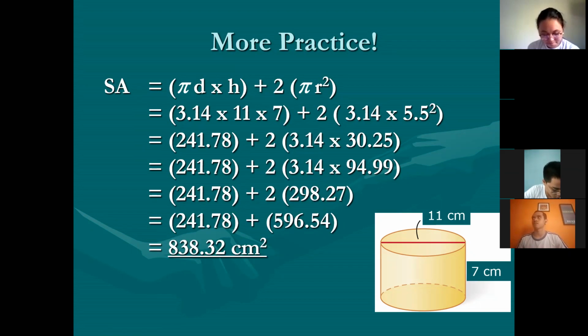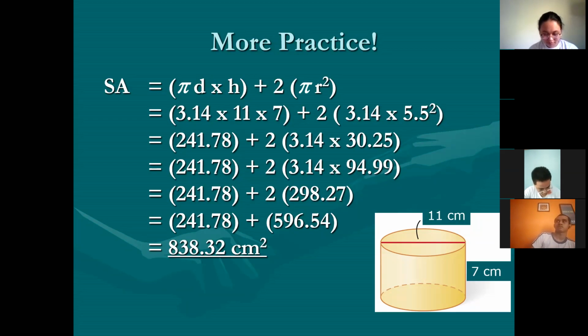241.78. Yeah. 2 times 5.5 squared times 3.14 times 7. What? Oh, there's no 7 anymore. We have 189.97.